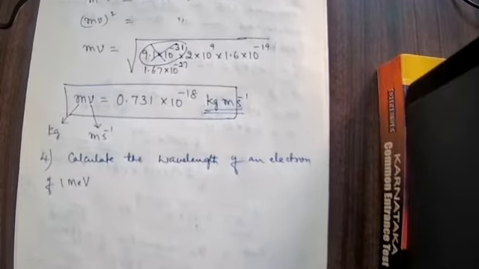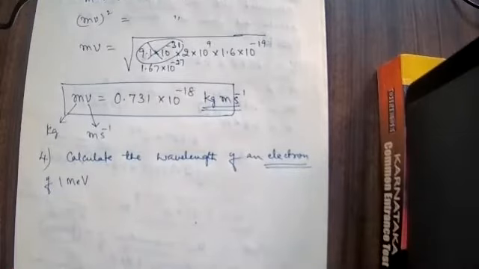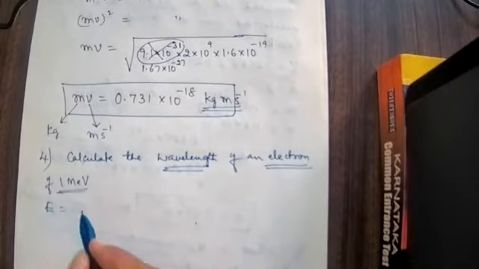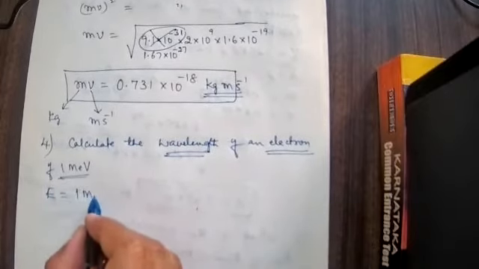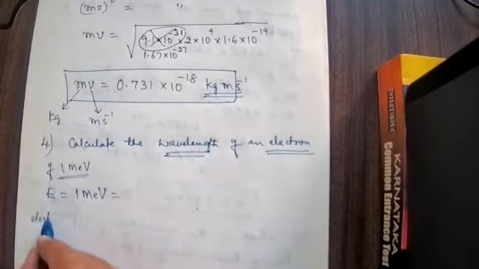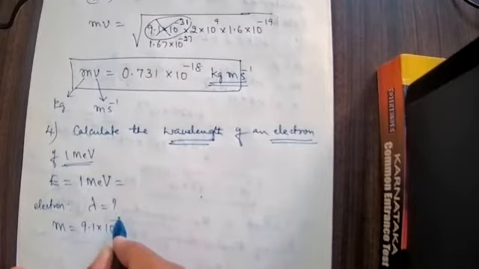Okay, rest mass only we have to take. Calculate the wavelength of an electron. Let us see that. Energy is given, 1 MeV. Convert into joules. Immediately, it is an electron. Wavelength we have to calculate. Therefore, the mass of the electron is this.